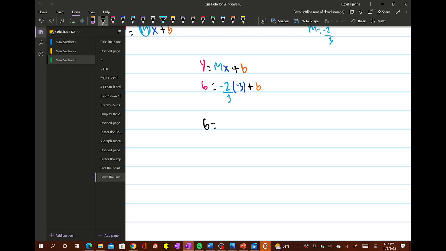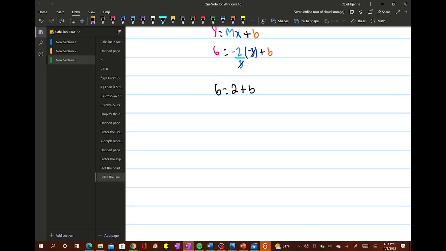So we have 6 equals -2/3 times -3. The 3's cancel out, and -2 times -1 is 2, plus b. To solve for b, you just subtract 2 on both sides, and you get that b will be equal to 4.